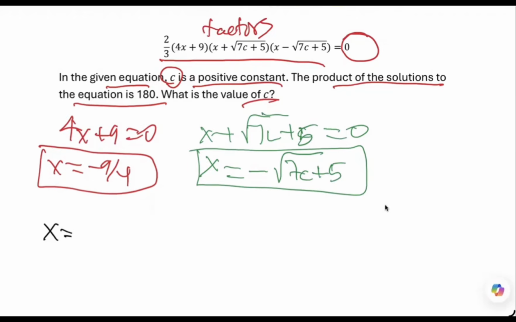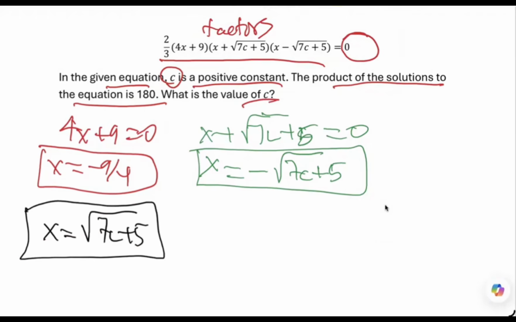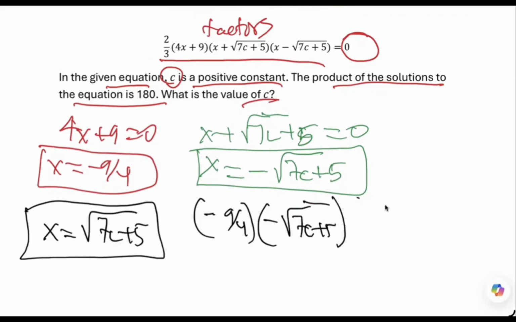So x is equal to square root of 7c plus 5. And it said the product of all this should give you 180. Oh, that's easy. That means minus 9 over 4 multiplied by negative square root of 7c plus 5, times square root of 7c plus 5 should be equal to 180.